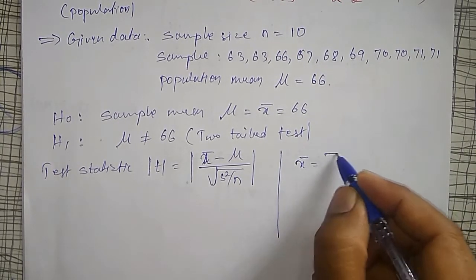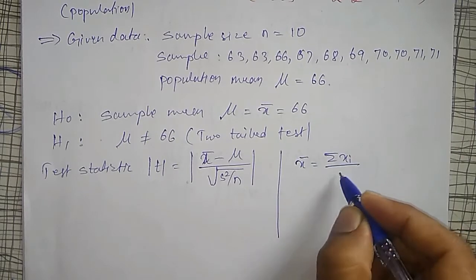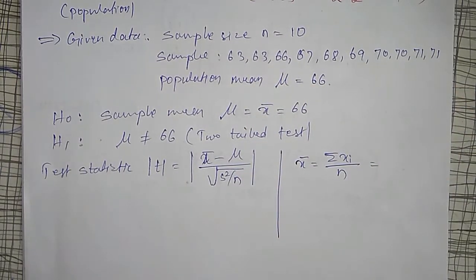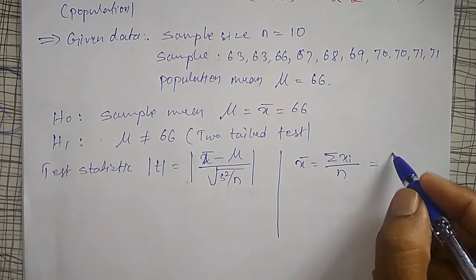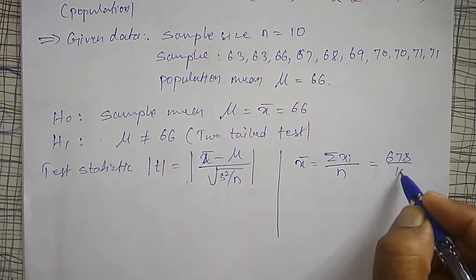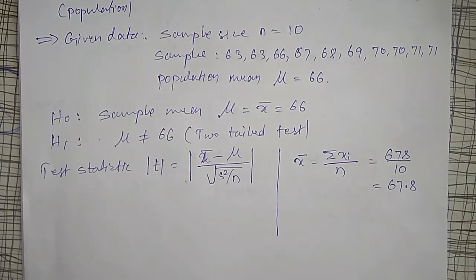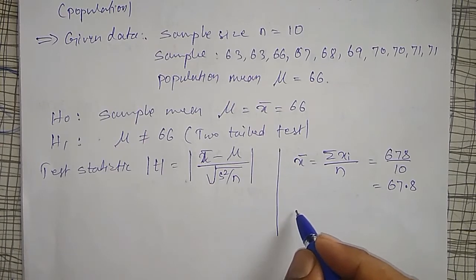X bar is equal to the sum of all xi's divided by n. That is 678 divided by 10, which comes out to be 67.8. Then s square I have to calculate.